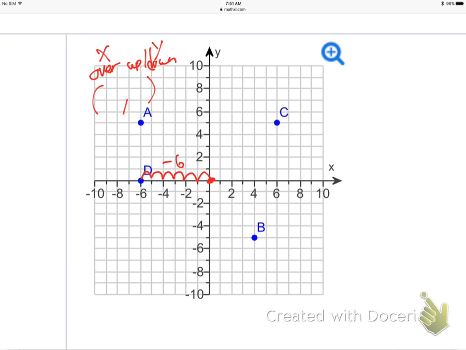Back 6 jumps, up 1, 2, 3, 4, 5. Up 5. So back 6, up 5. -6, comma, +5. That's the coordinates of point A. Everybody good? Want to try B? Try to get the coordinates of point B. So that's number, comma, number.